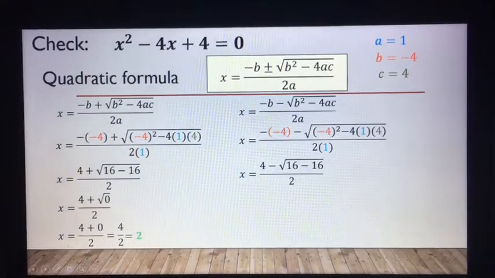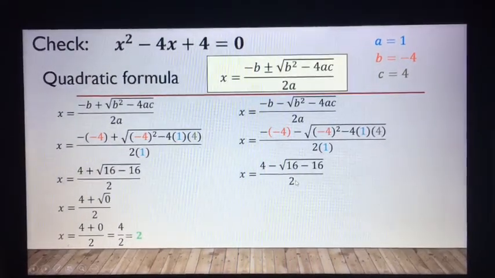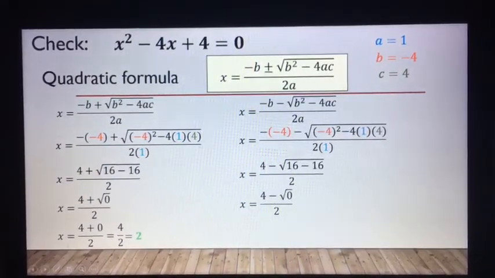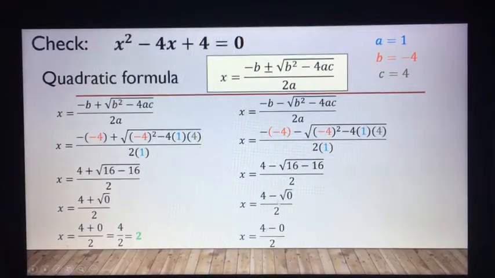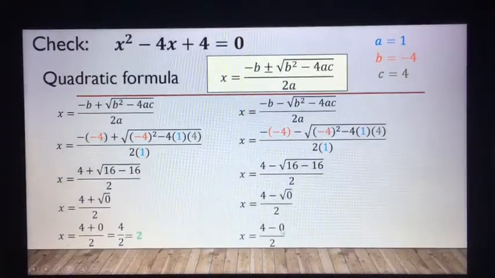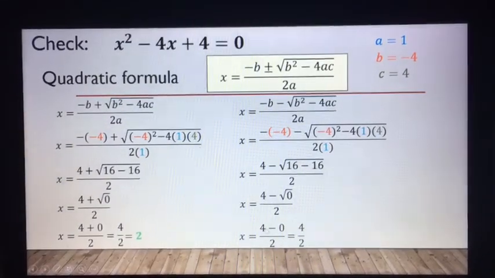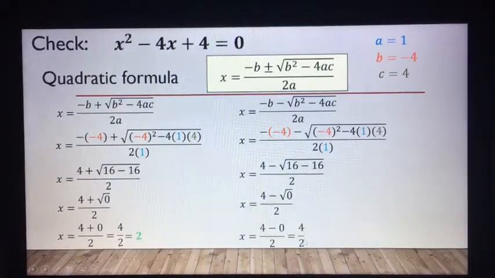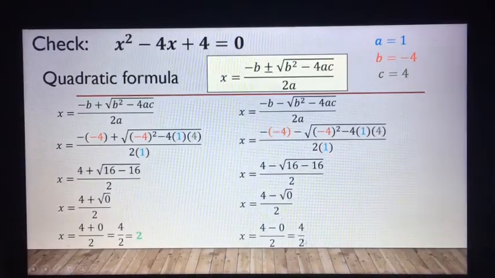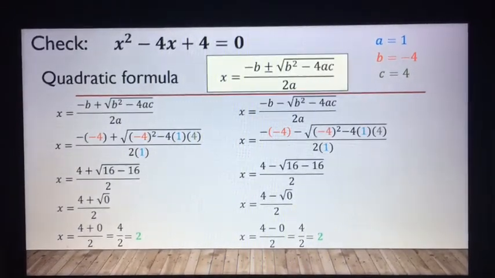Over 2 times 1 is still 2. So, 4 minus square root of 16 minus 16 is square root of 0 over 2. 4 minus square root of 0, that is equal to 0 over 2. So, 4 minus 0, syempre 4 po yun. Over 2. 4 over 2 is equal to 2.